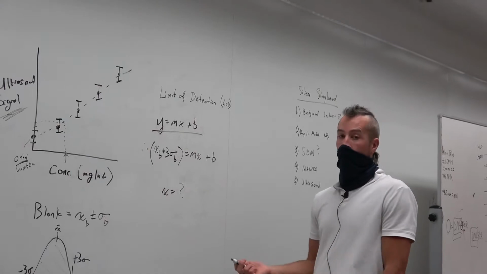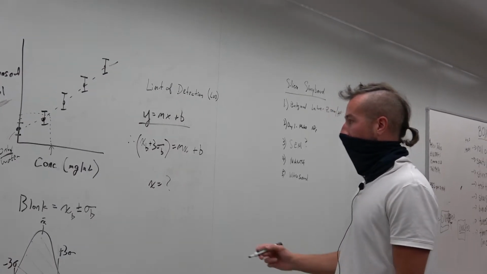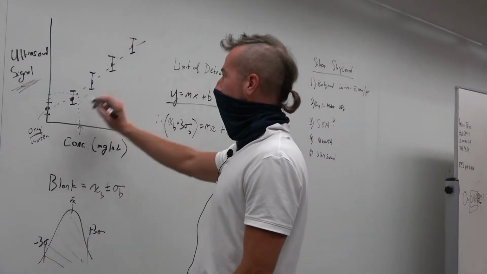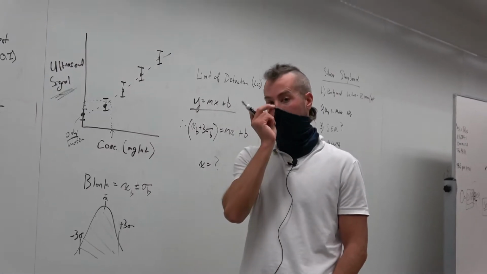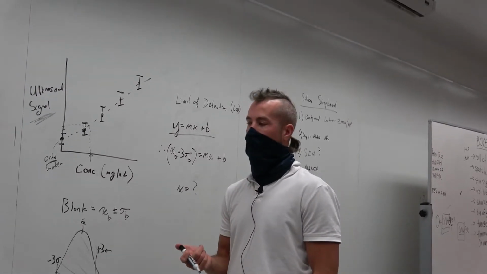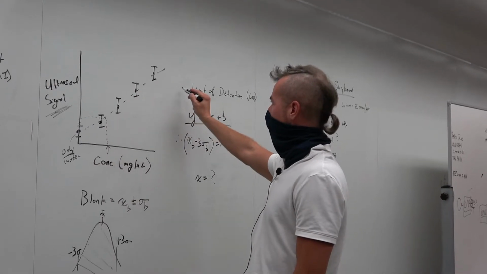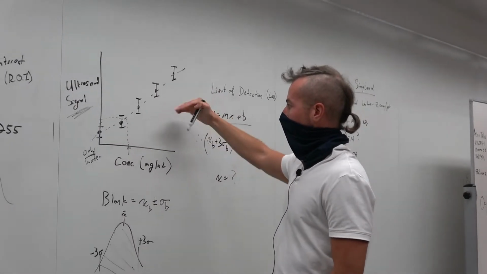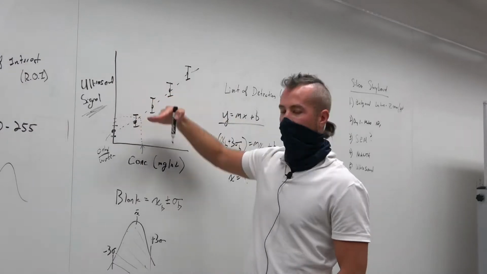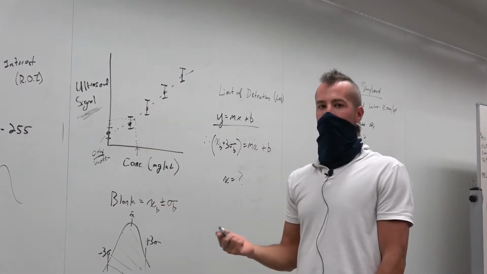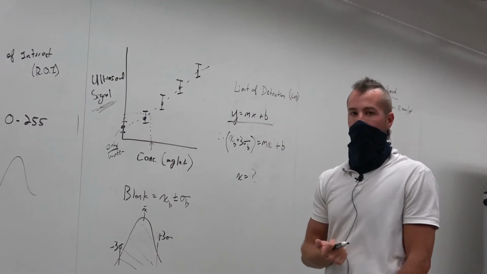Okay? Now, when can this fail? Well, it can fail if this is not a straight line, right? That's the easiest way that it can fail. For example, if there starts to be some kind of plateau, then if your line isn't straight, you can almost get a negative limit of detection.